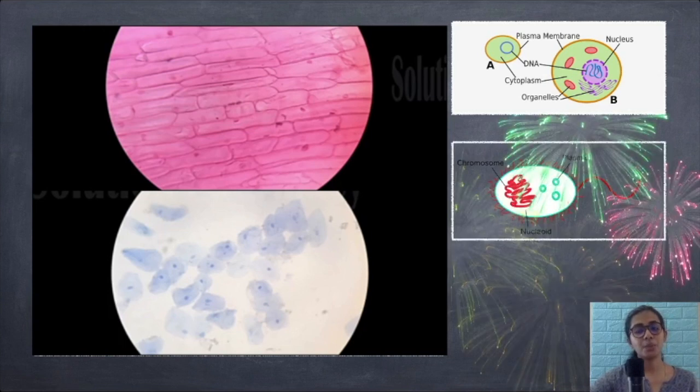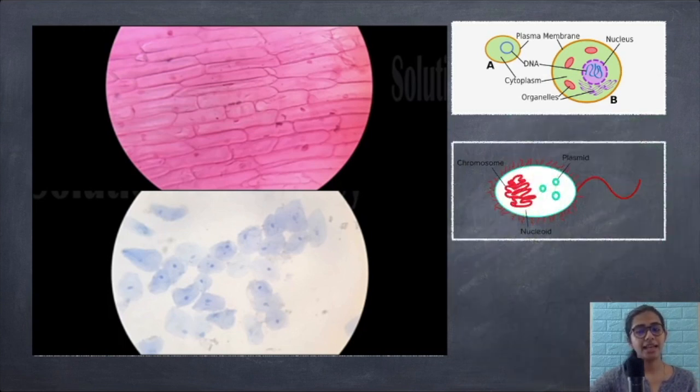It's got a poorly defined nuclear region called nucleoid, in which genetic material is present only as nucleic acid. And we also learned that in eukaryotes, the genetic material is present inside a well-defined nucleus that has its own membrane. We learned the major differences also between prokaryotes and eukaryotes. So this was our lesson for today.